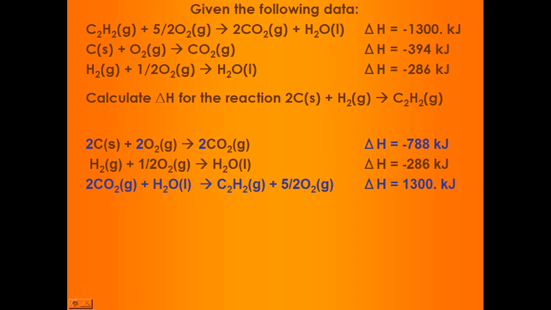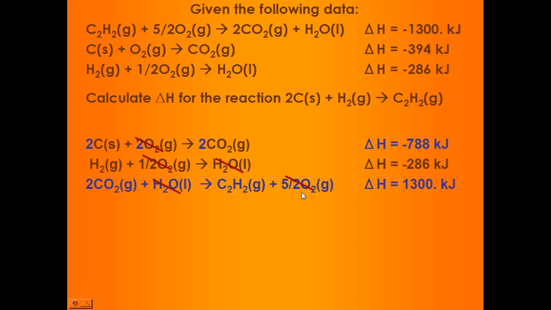And if we combine these three reactions together, basically treating the arrows like equal signs, we will see that we had 4.5 oxygens here, 2.5 oxygens here, and 5 halves is the same as 2.5. So those would cancel out since they're on opposite sides of the arrows. We have 2.5 molecules of oxygen as reactants, and we have 2.5 molecules of oxygen as a product.